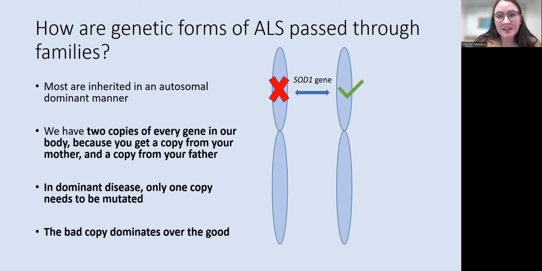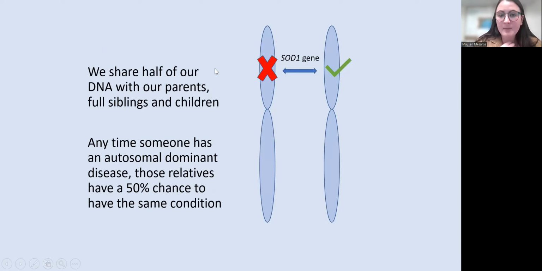Now, anytime someone goes to have a child and they have this type of condition, it's a 50-50 whether they're going to pass on this bad copy of the gene or this good copy of the gene. So when we start to think about what risk looks like for relatives when someone has a known genetic form of ALS in the family, anyone that person shares half of their DNA with, that means their children, their full siblings, and their parents, those people would all have a 50% chance to also have a genetic mutation in that gene.